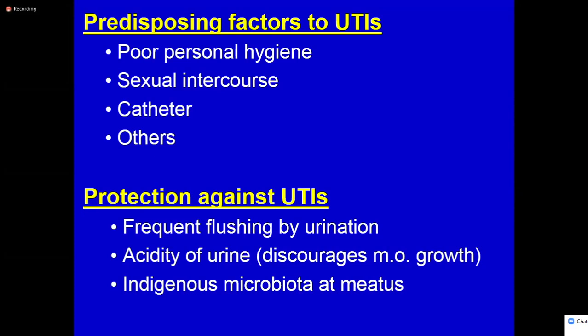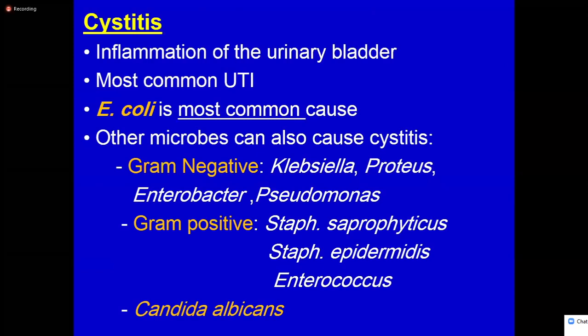These normal microbiota sometimes are killed by, for example, antibiotics. This will make the area more susceptible to infection. So let us start with the different types of infection and speak about them in relation to the microbes, as I said.